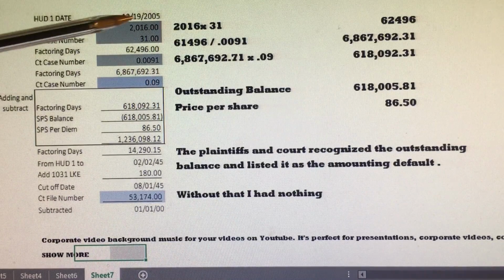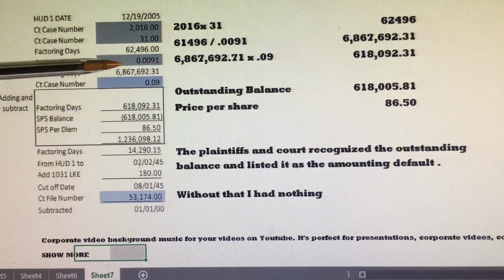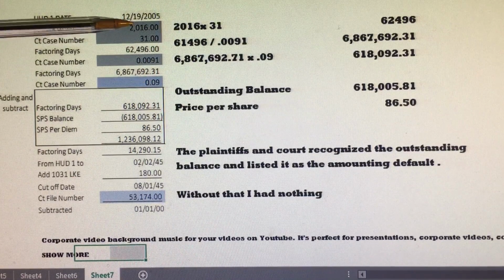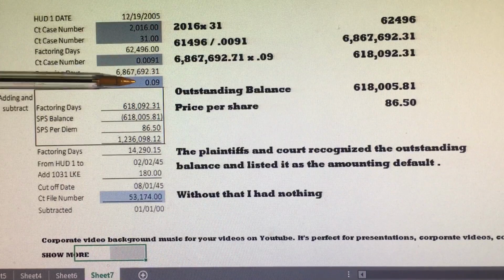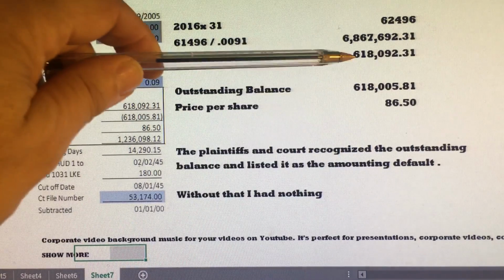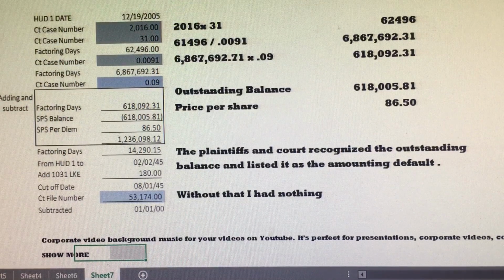Case number 2016-31-0091, and the case number ended with 09. 216-31-0091-09. So we took this number here and factored it by 9%, 618-09231.